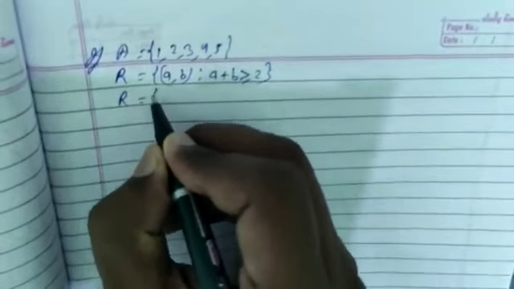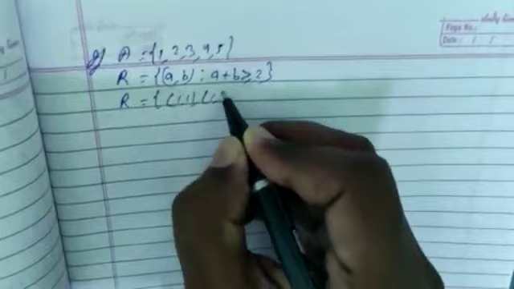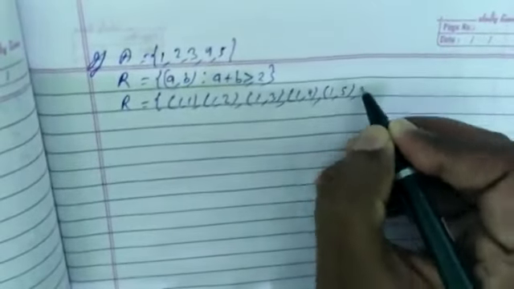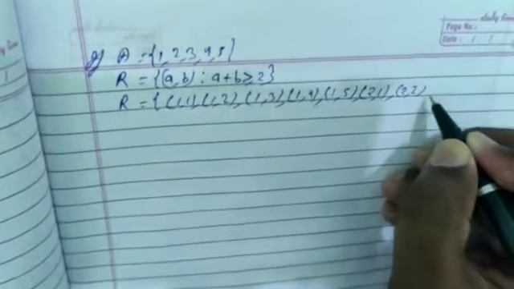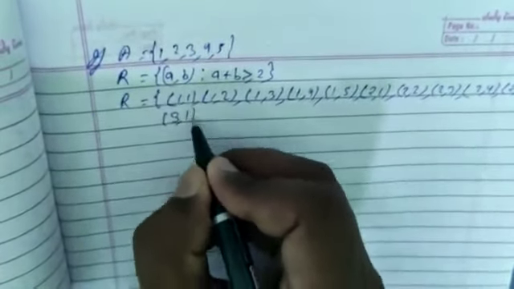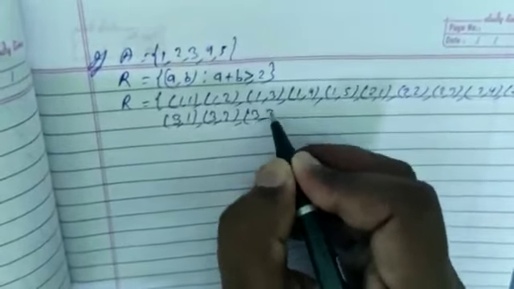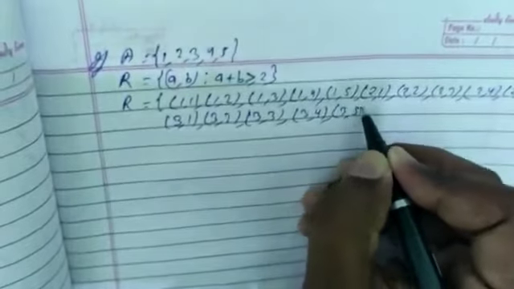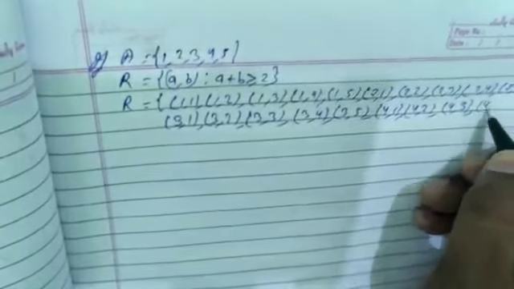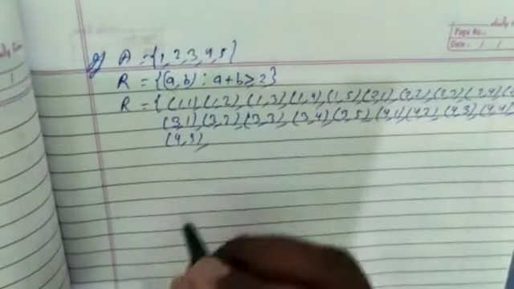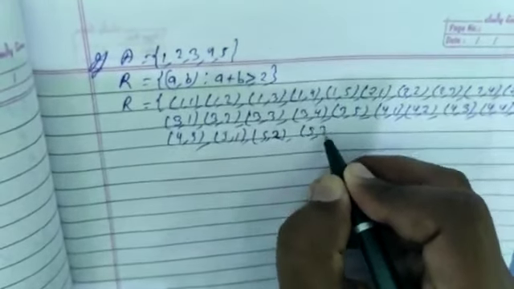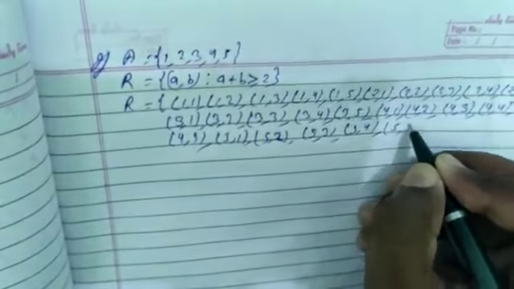Then the solution is R: (1,1), (1,2), (1,3), (1,4), (1,5), (2,1), (2,2), (2,3), (2,4), (2,5), (3,1), (3,2), (3,3), (3,4), (3,5), (4,1), (4,2), (4,3), (4,4), (4,5), and (5,1), (5,2), (5,3), (5,4) and (5,5).